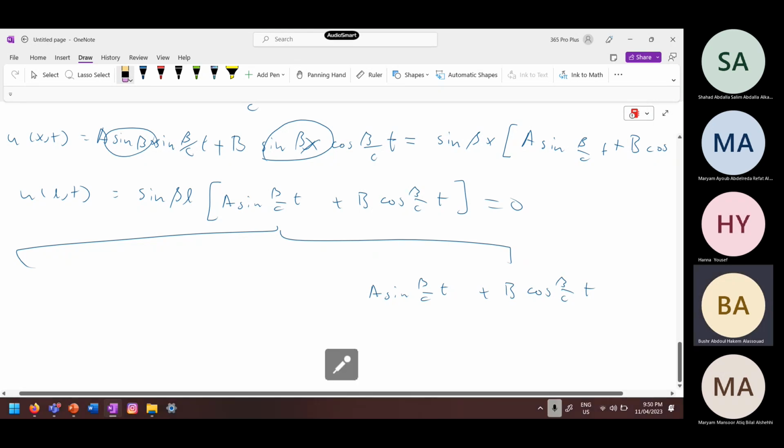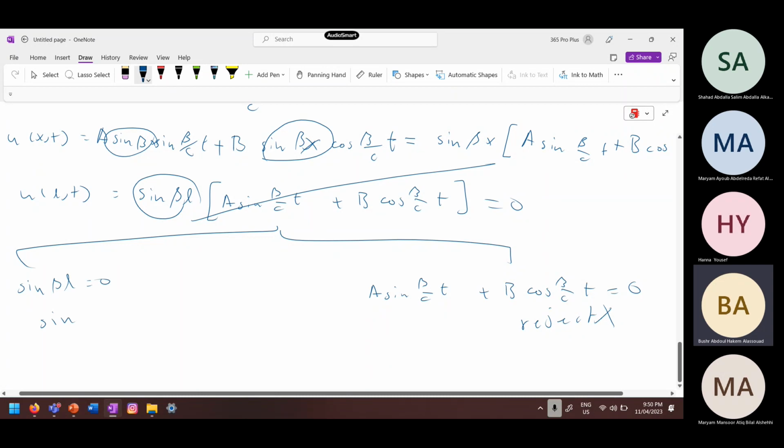Okay. For you to understand now, we split the solution into two equal to 0. Now we can see that you cannot solve this and you don't care about this. So just reject this part. I'm going to this where you're going to solve this and reject this. Sine beta L is equal to 0.